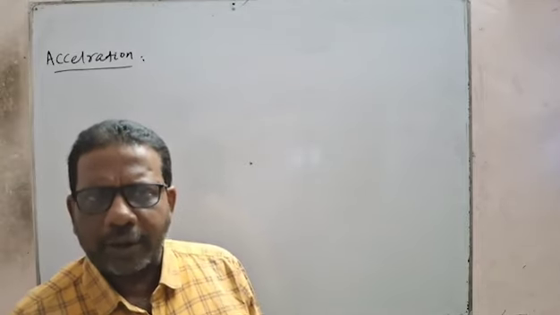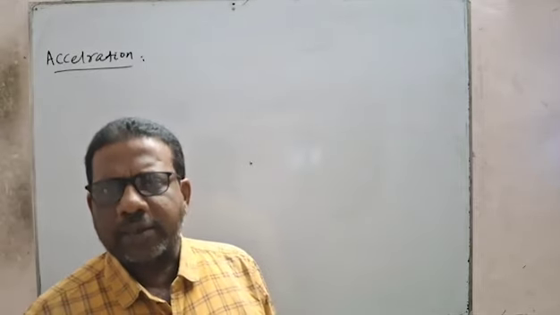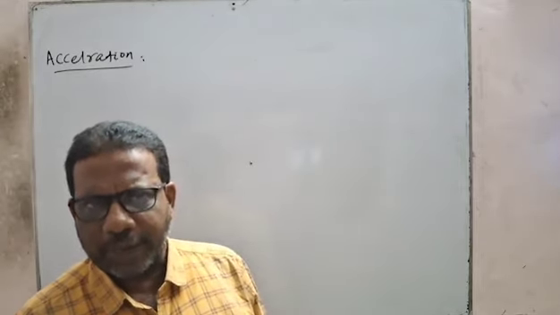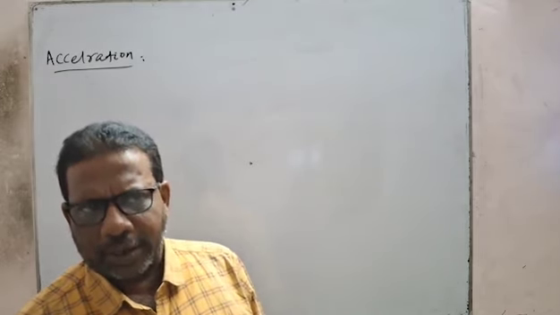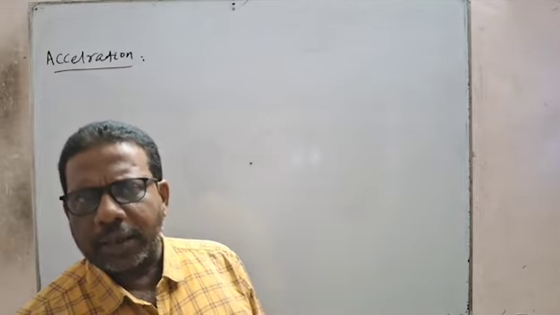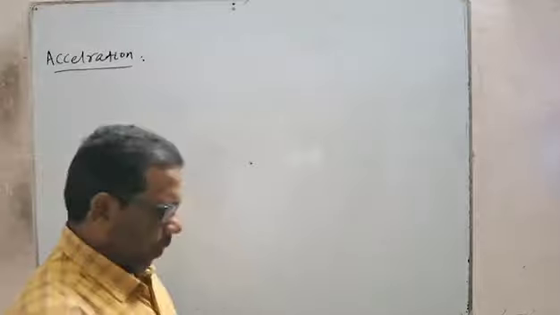On the other hand, when a train leaves the station, its speed gradually increases, and this is called positive acceleration. In this case, the rate of change in velocity gradually increases.